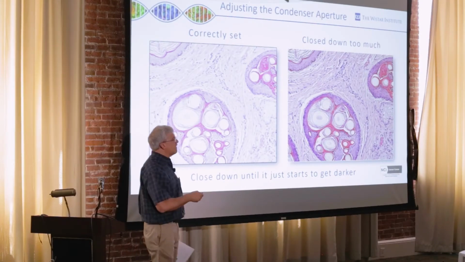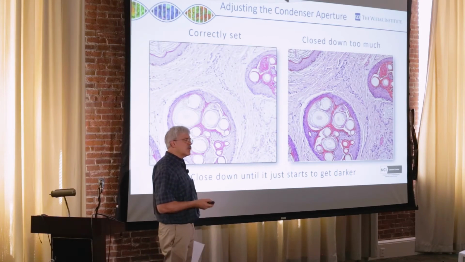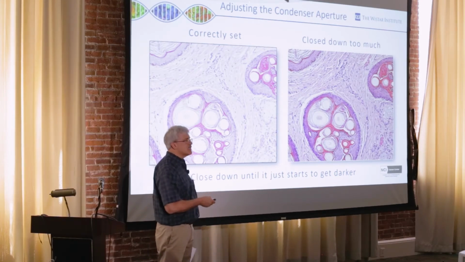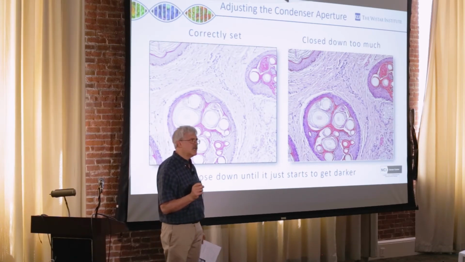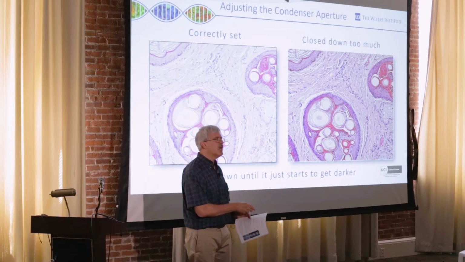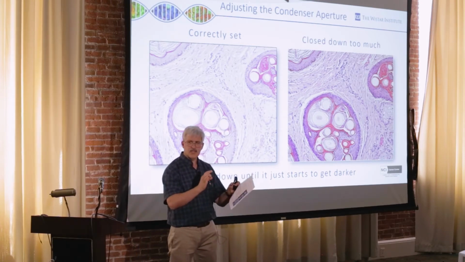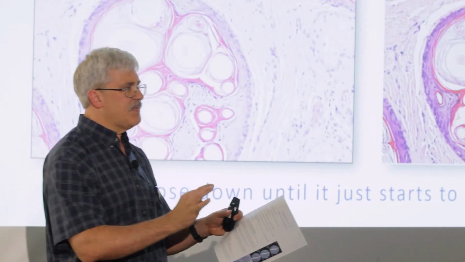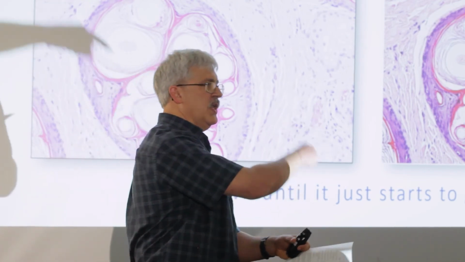Now, it might make for a nicer contrasty picture, but I did a workshop once years ago for the USDA, and we were doing some of this stuff on pollen. I think it was pollen grains. They were identifying pollen grains, and there were these two particular types. They looked identical, except that this pollen grain could be let into the country and this one could not.